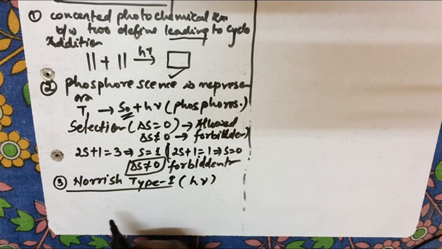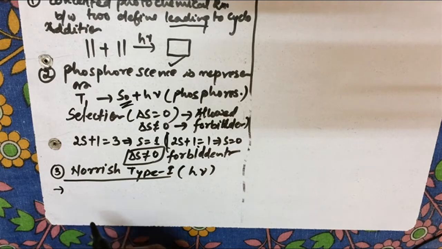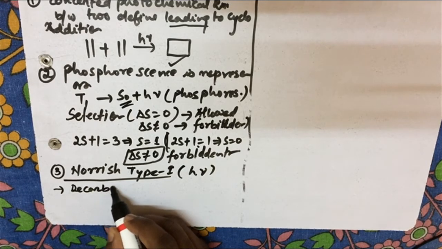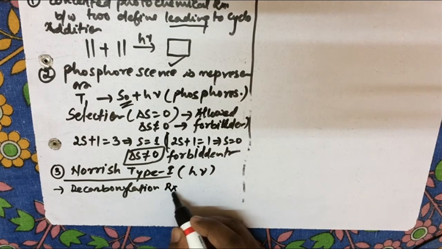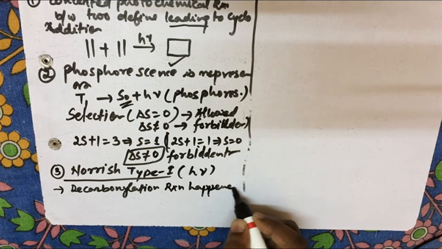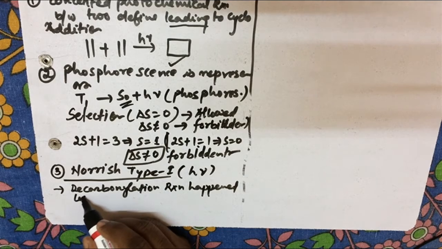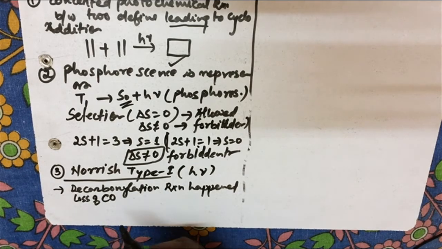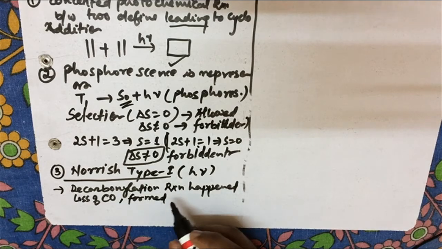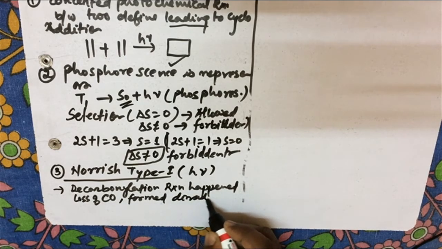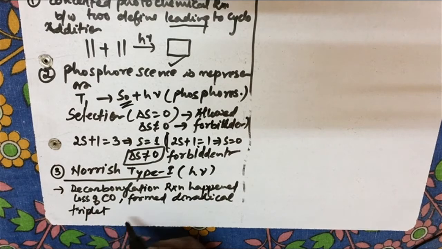This reaction also undergoes light condition, and here basically a decarbonylation reaction happens, that means the loss of CO, and forms a diradical triplet intermediate.